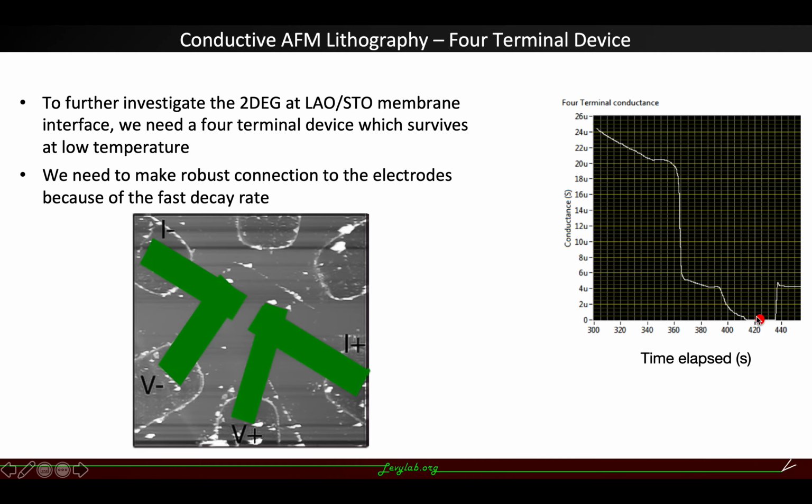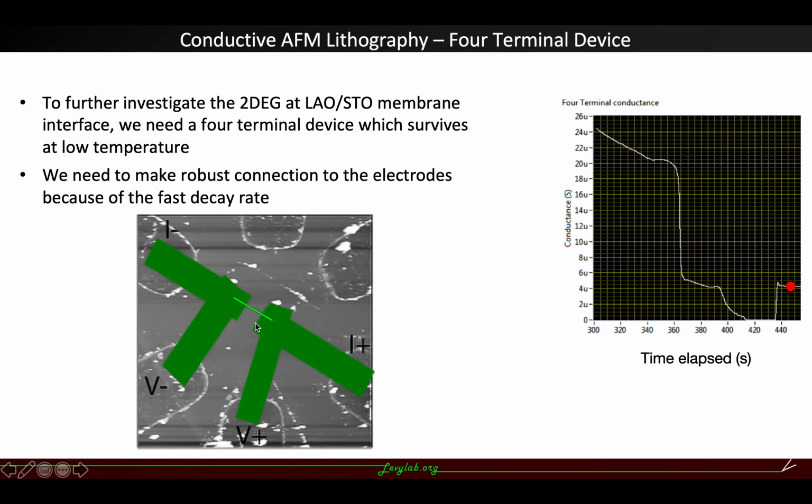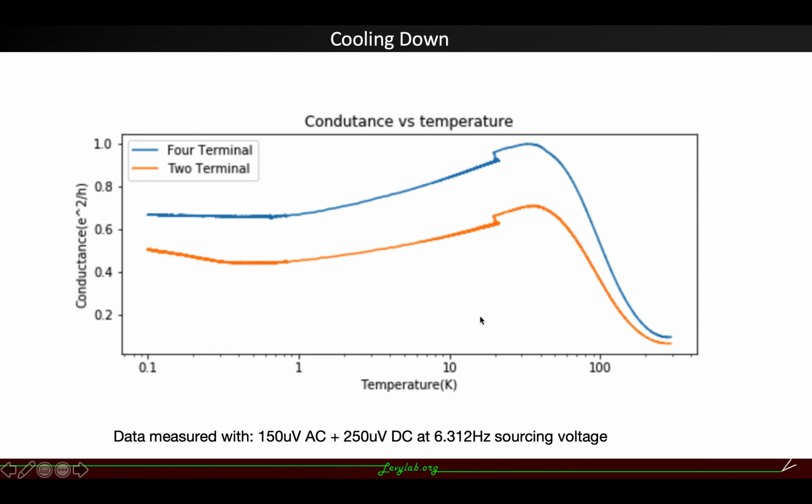After the conductance goes down to 0, we write a wire in between, and you can see this time the 4-terminal conductance is around 4 microsiemens, and it decays much slower. This is the conductance versus temperature graph. You can see in the 2-terminal conductance, there's a turn up at around 300 millikelvin, which we attribute to a superconducting feature.